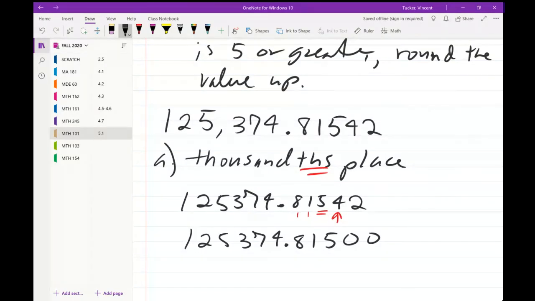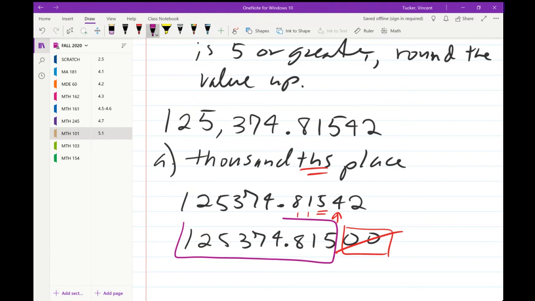And what normally happens is when you round, everything after that digit goes to zeros. And if they are after the decimal, you don't need them. So this would be your final answer.